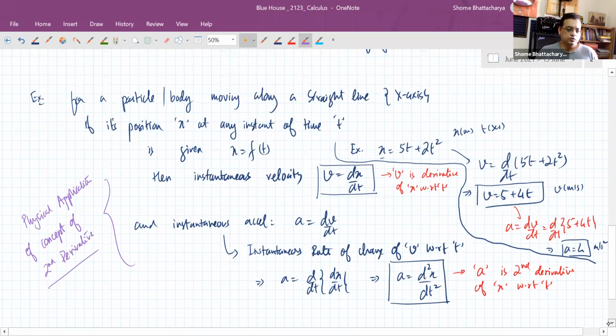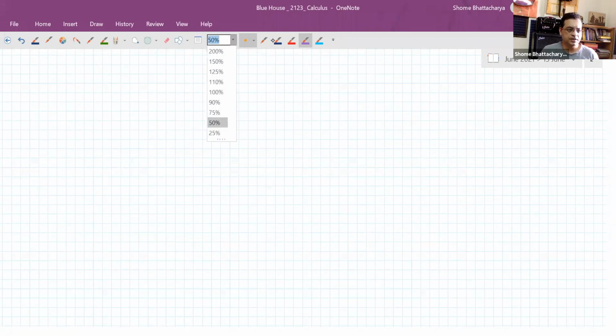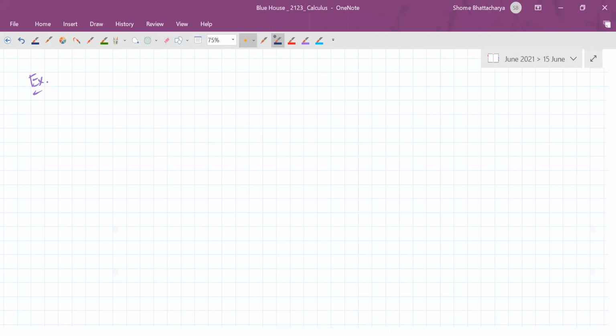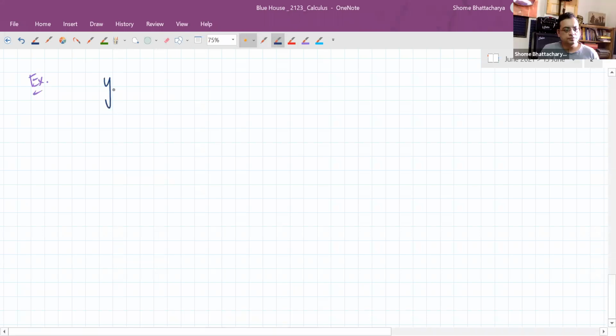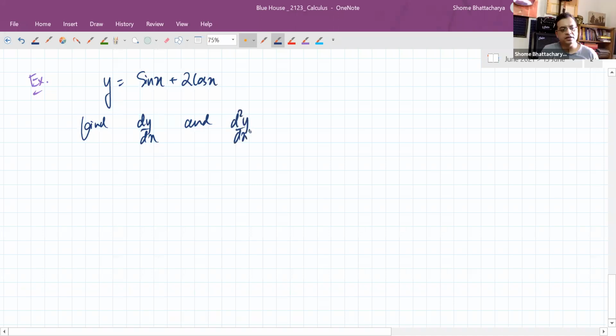Now let's do a bit of practice before we come to our applications. So I have a function, let's say sin x plus 2 cos x. Find dy by dx and d2y by dx square first.